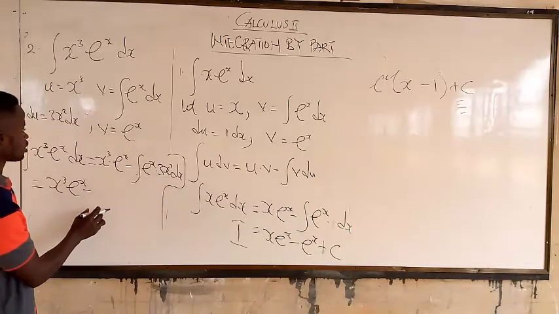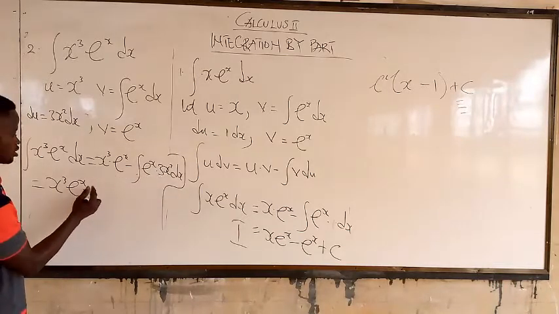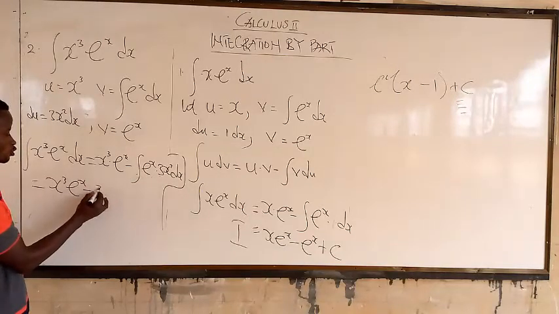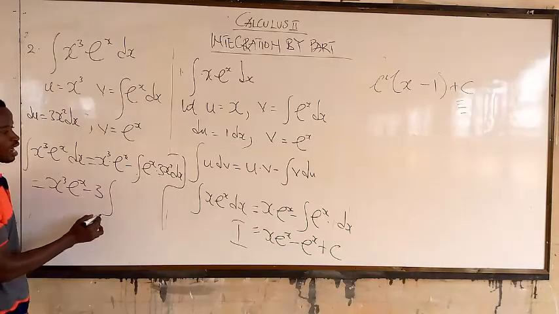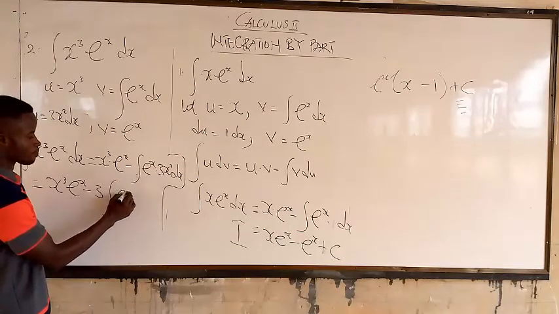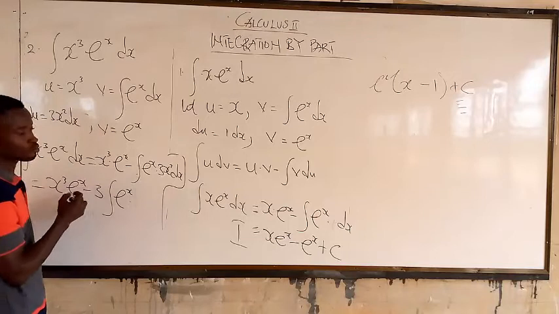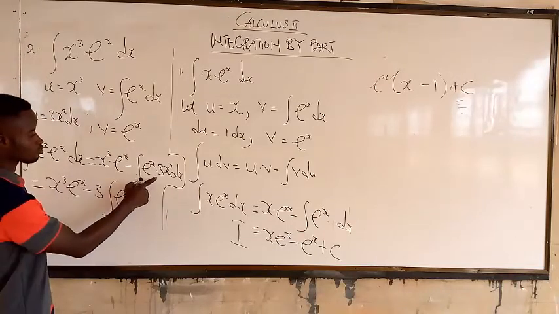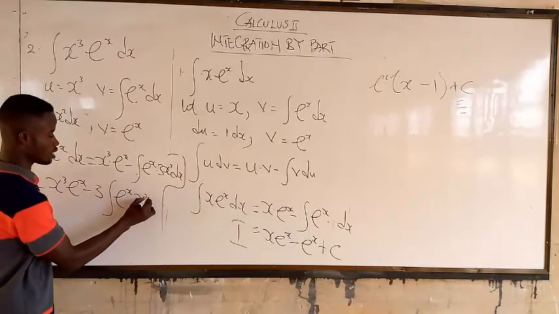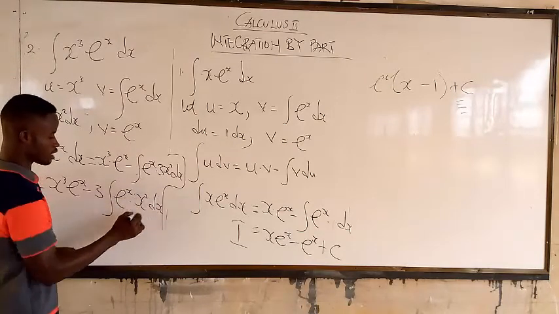Alright. Now from what we have here, we can bring the constant 3 out. Then the integral of e raised to the power s, then s squared ds.